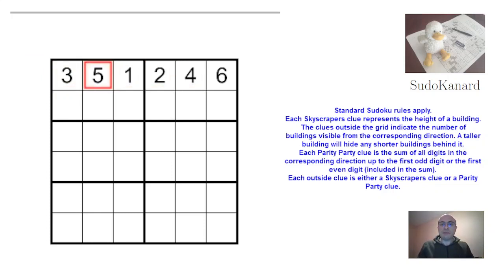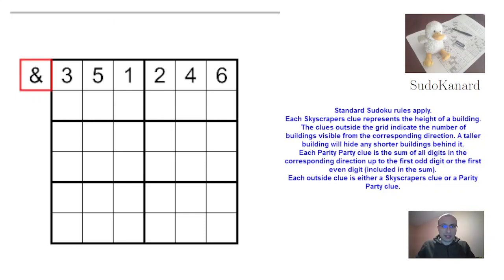Let's take the same example. If you just take all digits until the first odd digit, then the sum is 3, obviously. But if you go until the first even digit, then the sum is 11.